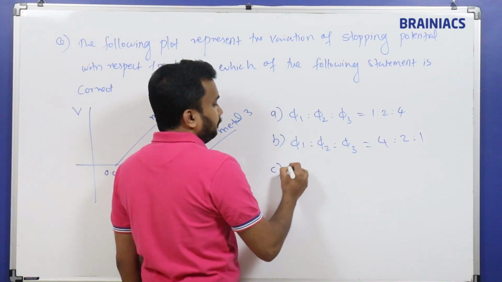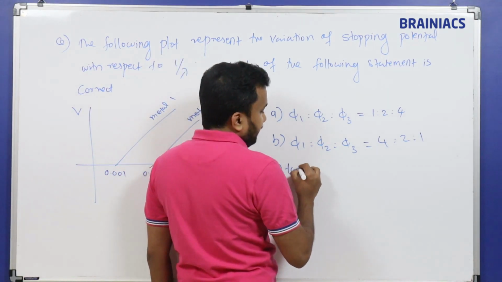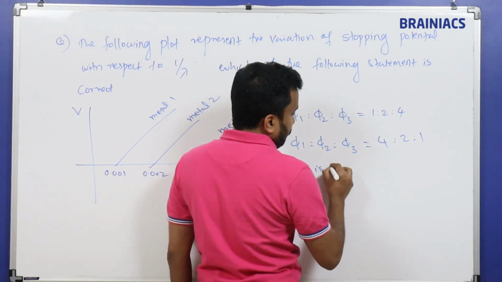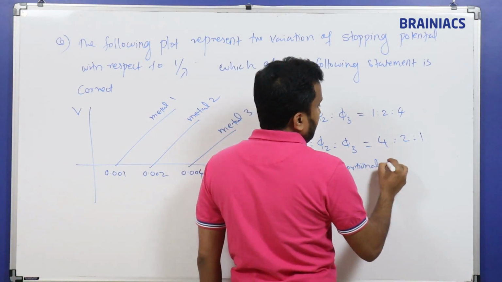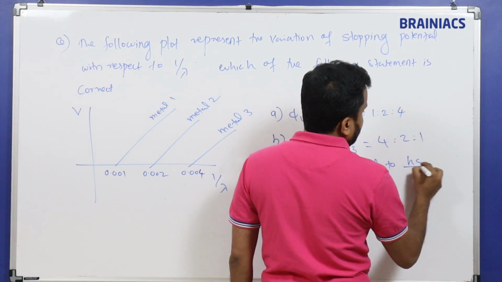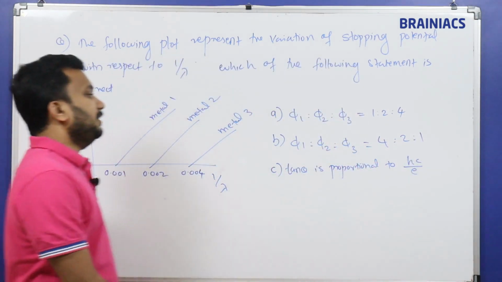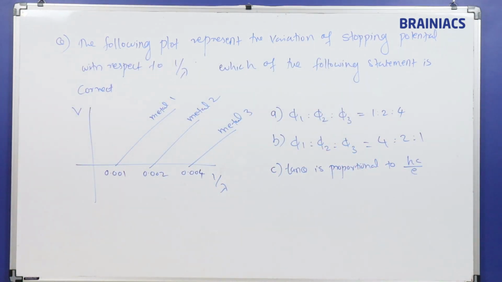And the third one: tan theta is proportional to hc by e. What is tan theta? Tan theta is the slope of the graph.